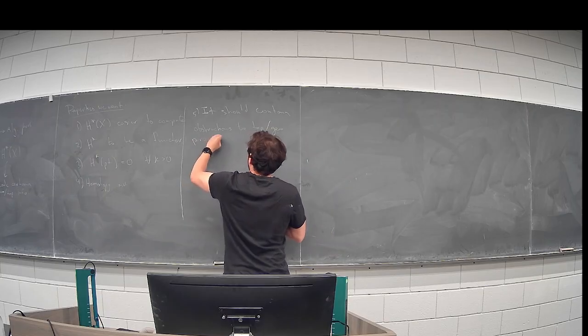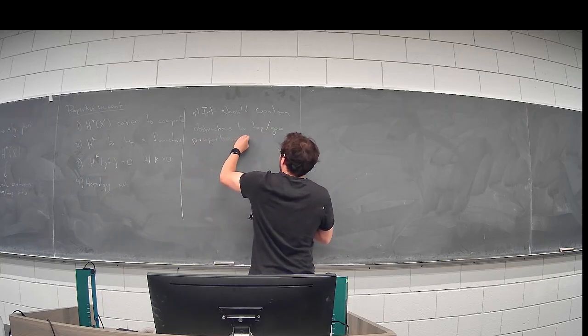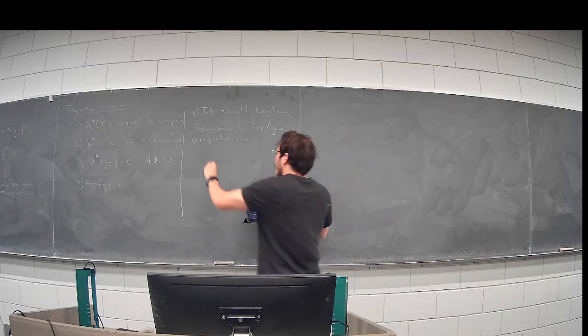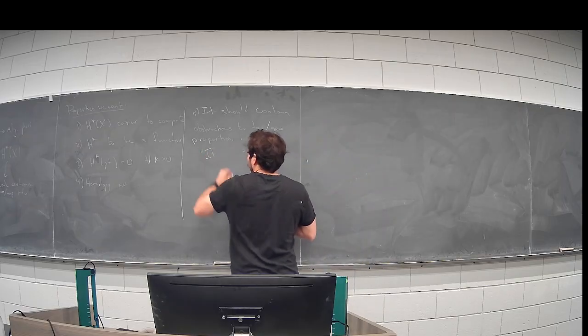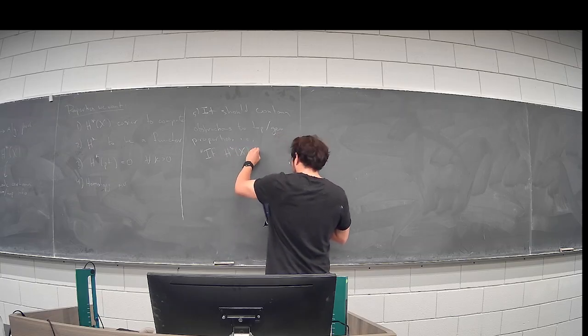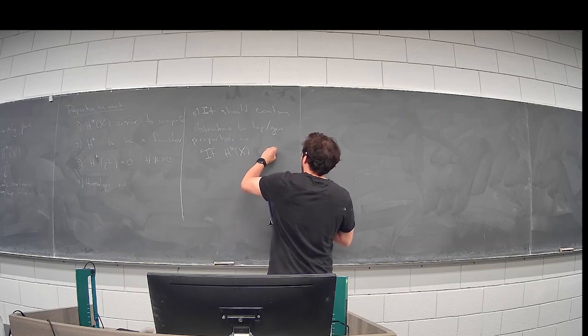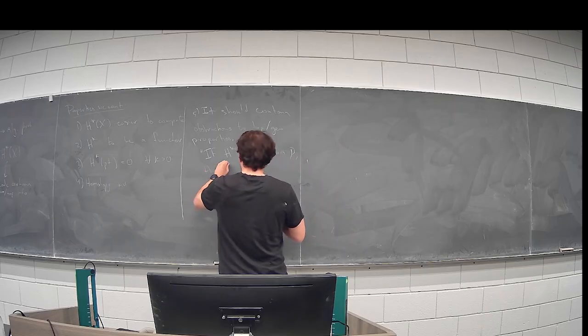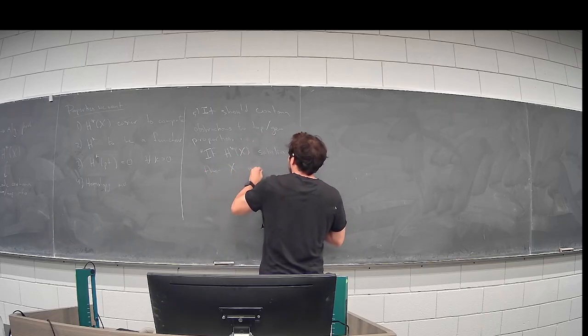What do I mean by this? I mean that we would like it to come with statements of the form, just like I said with homeomorphism: if h star of x satisfies some property b, then x satisfies some property b.